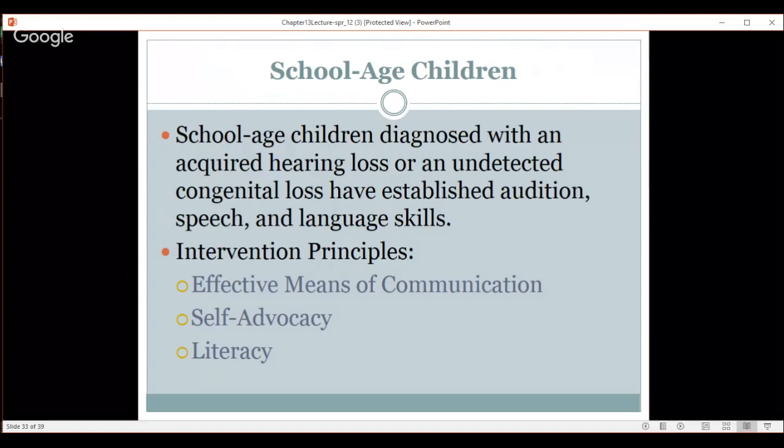And then you will be looking at if a child is an inadequate oral communicator, parents need to consider enhancing communication with sign language or finding a way to improve audition, such as with cochlear implantation.